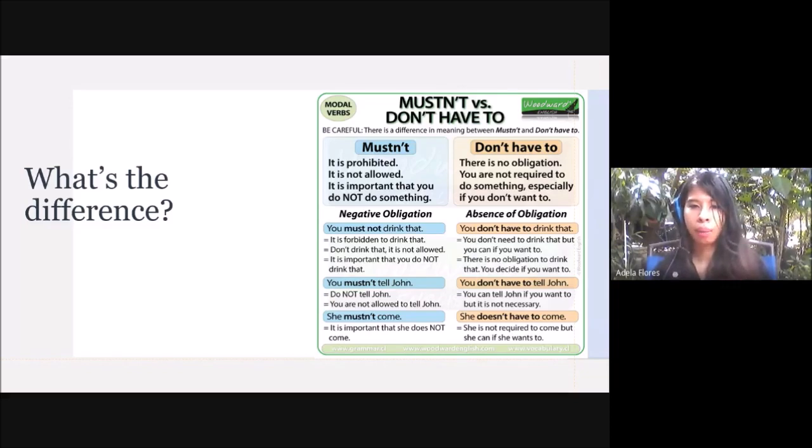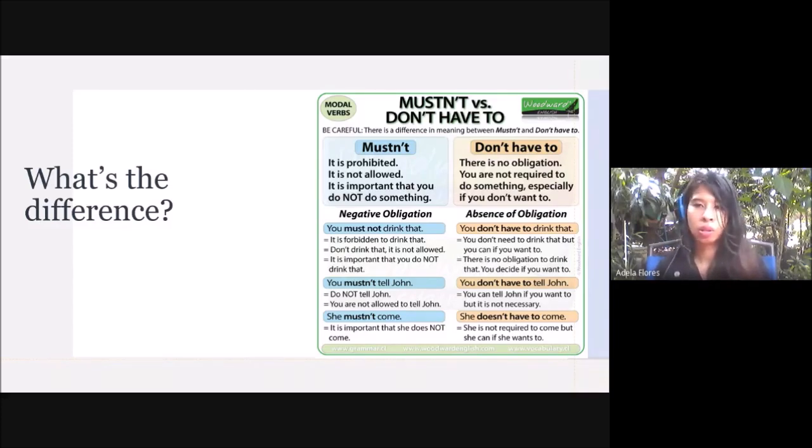So, one is negative obligation and the other is absence of obligation. Entonces, una es una obligación negativa, obligación a no hacer algo, y la otra es la ausencia de obligación. Okay? So, let's see some examples. You must not drink that. You don't have to drink that.